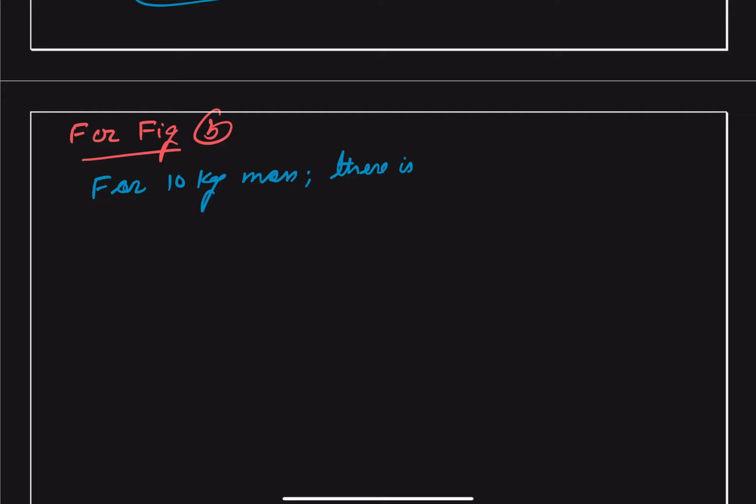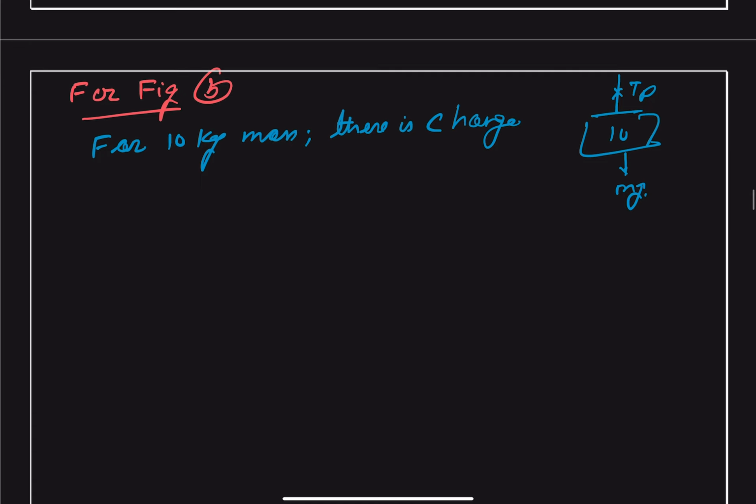So this is our 10 kg. Here we are going to have tension Tp. Downward we are going to have mg. So once again we can say that our Tp will be equal to mg. M is our 10, g also is 10.